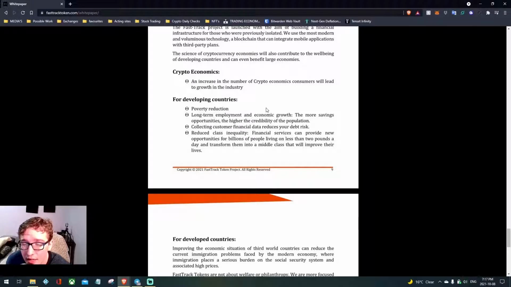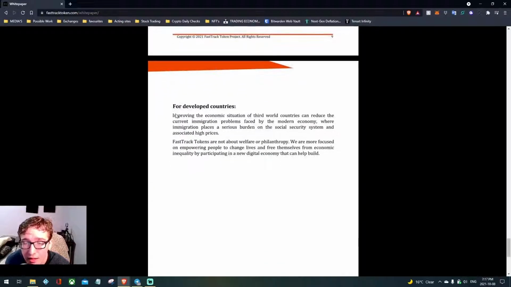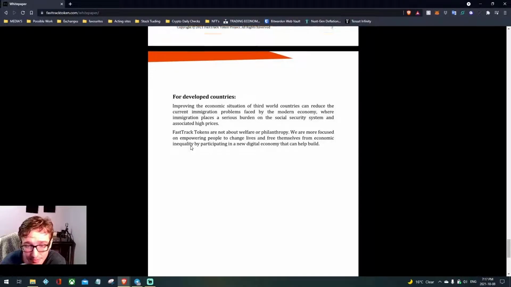Reduced class inequality. Financial services can provide new opportunities for billions of people living on less than £2 a day and transform them into a middle class that will improve their lives. For developed countries, improving the economic situation of the third world countries can reduce the current immigration problems faced by the modern economy, where immigration places a serious burden on the social security systems and associated high prices.